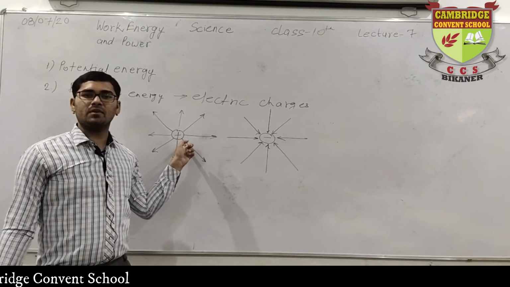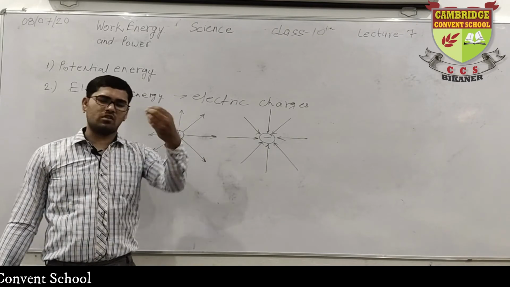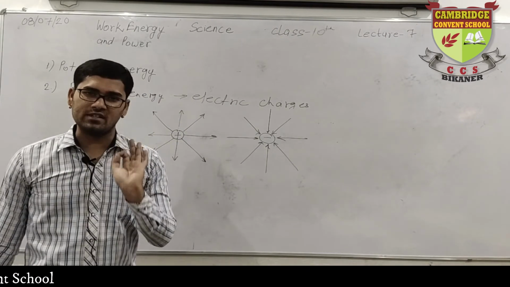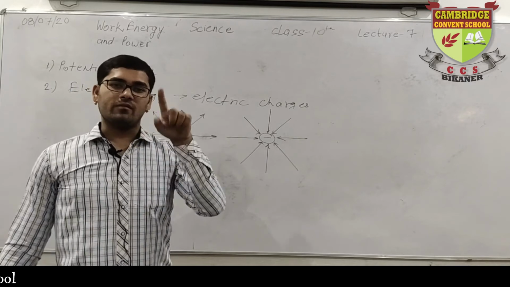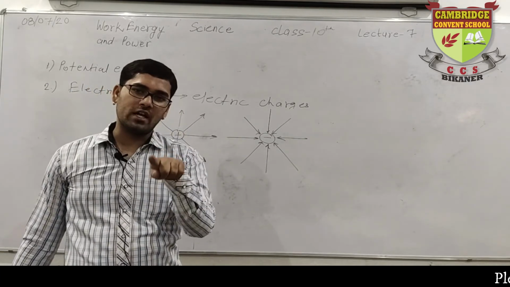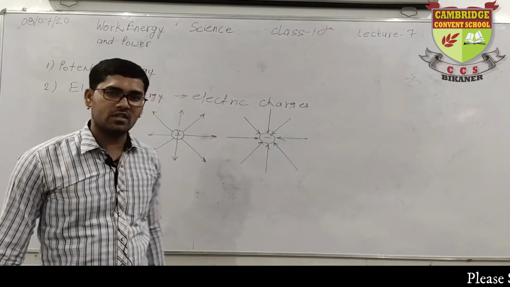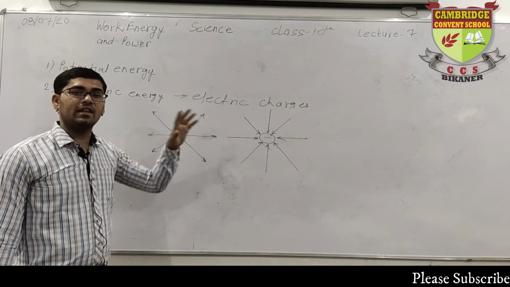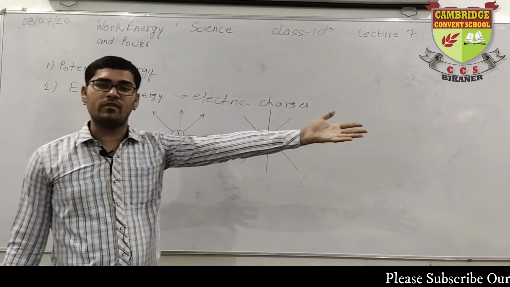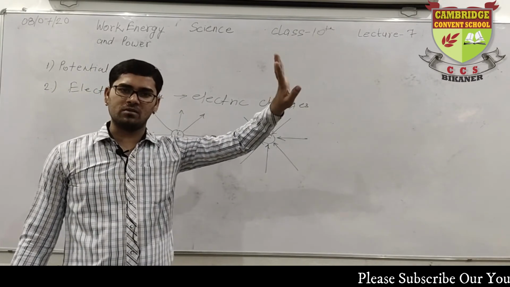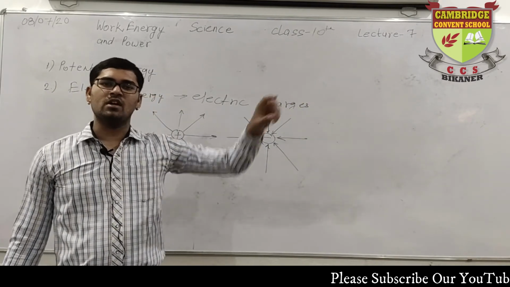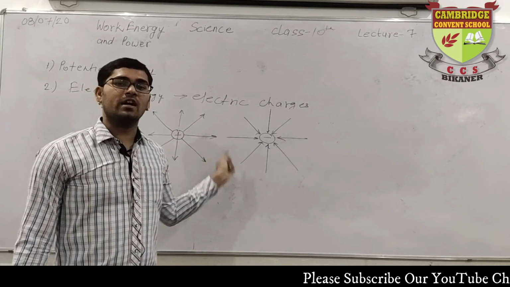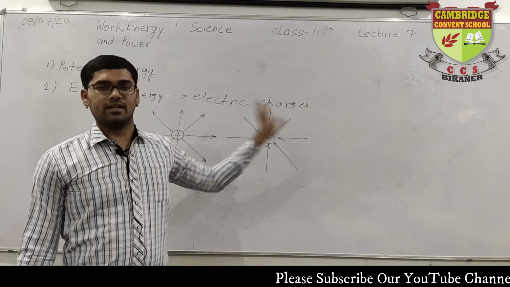So basically it possesses potential energy. We know that we can convert one type of energy into another. So the potential energy possessed by this charge will later be converted into another type of energy, maybe kinetic or chemical, but finally we can obtain electrical energy from that.